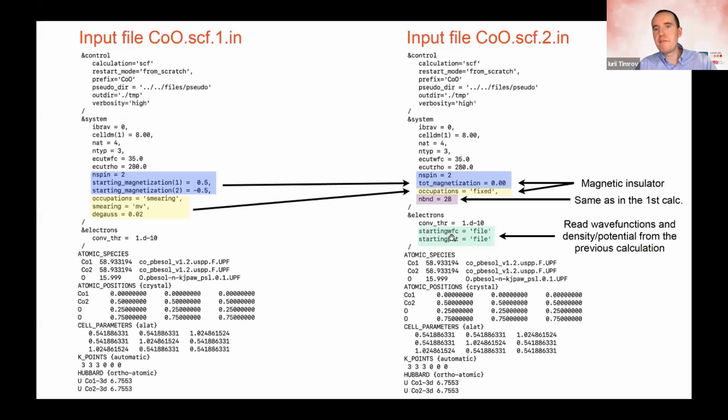So we have a very good starting point here, because we don't start from an unknown density or some very bad initial guess, but we really start from a very good density and very good wave functions. The only thing that we do is simply switch from the calculation with smearing to the calculation without smearing. That's the only thing. So that's a technicality which has to be used in magnetic insulators, ferromagnetic insulators, antiferromagnetic insulators. But we need to do this two-step procedure.